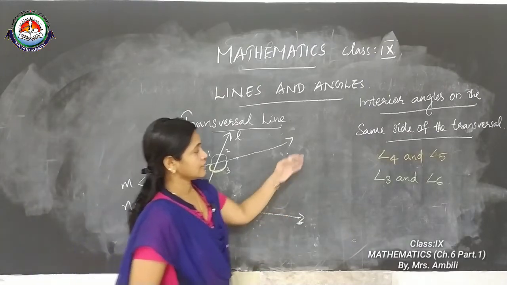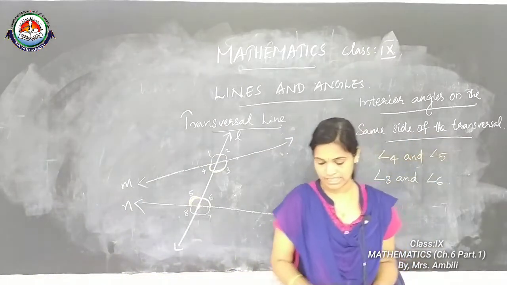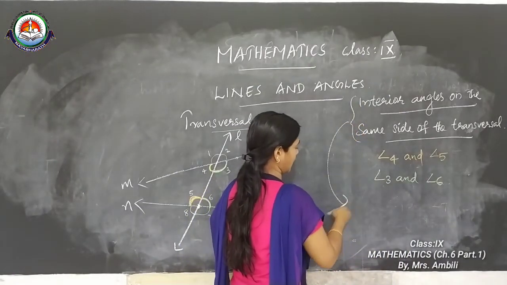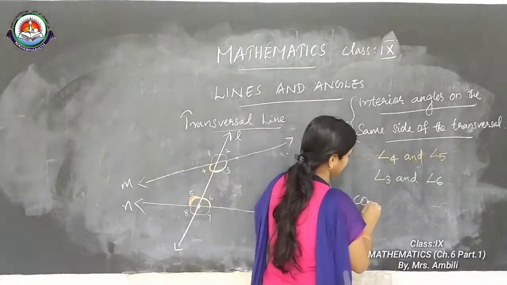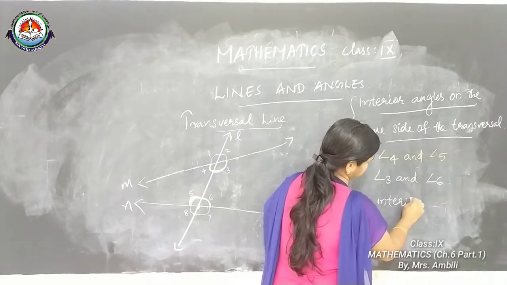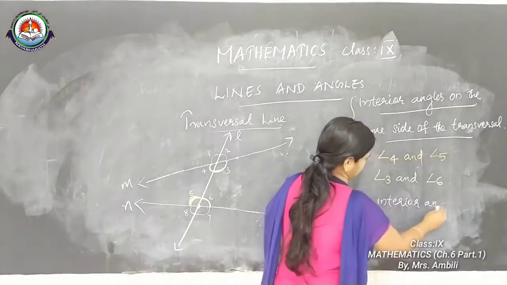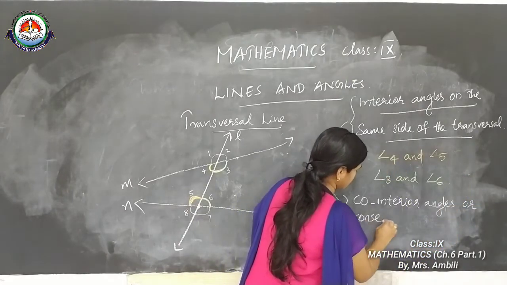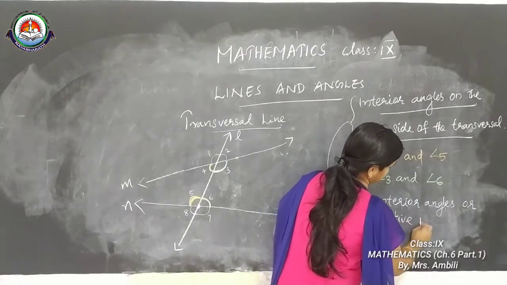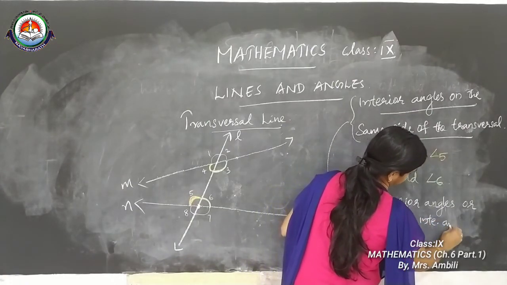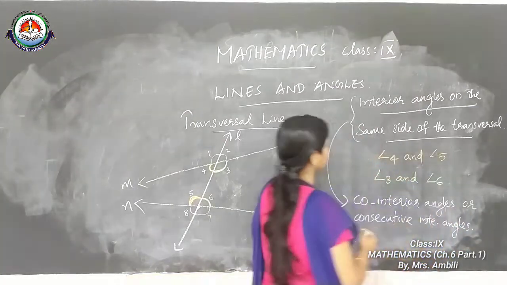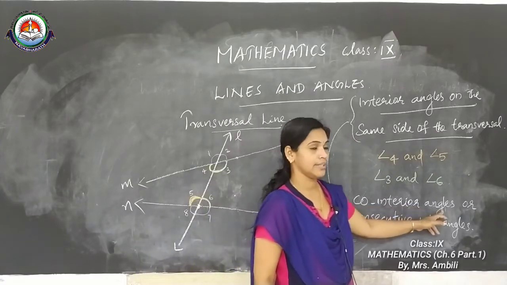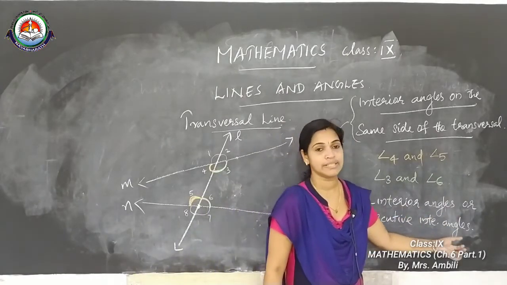Okay. So, interior angles on the same side of the transversal are also known as co-interior angles or consecutive interior angles.